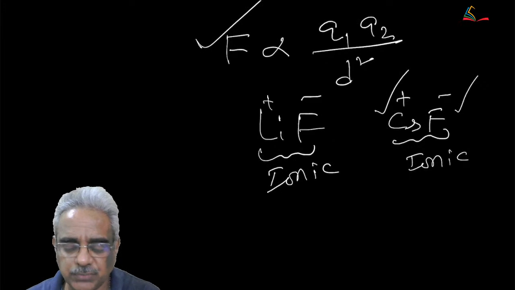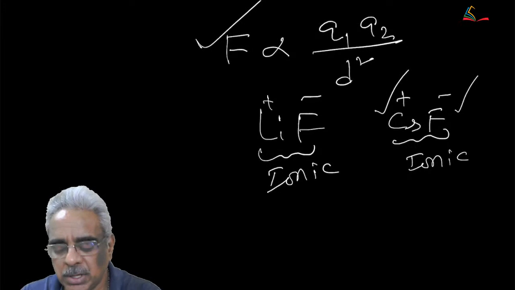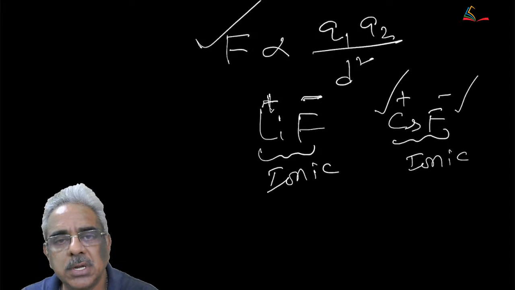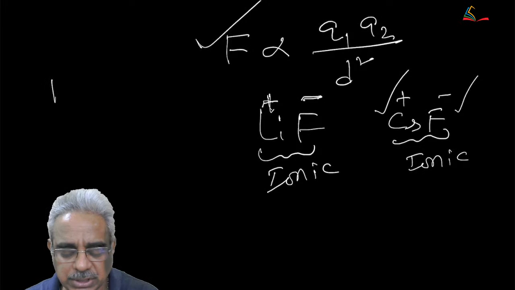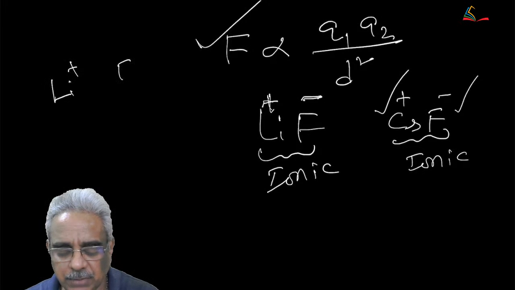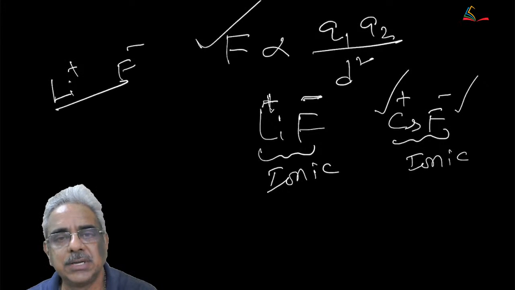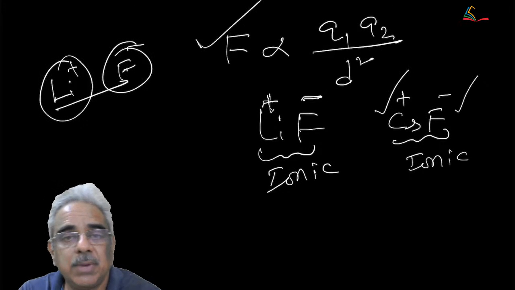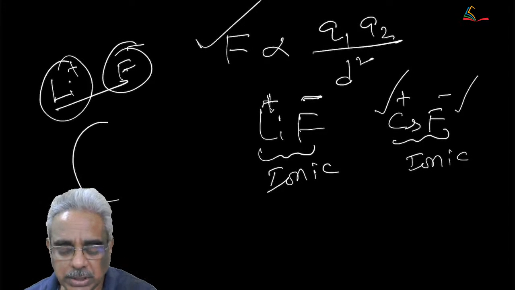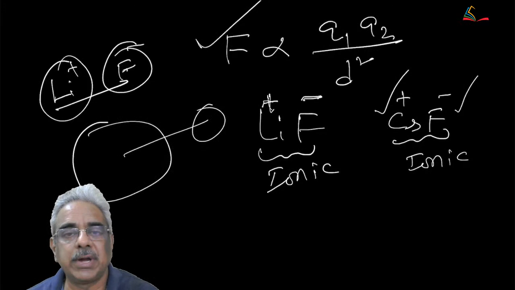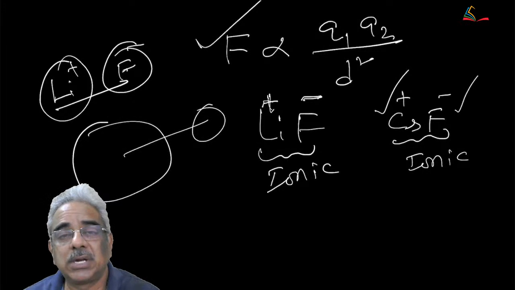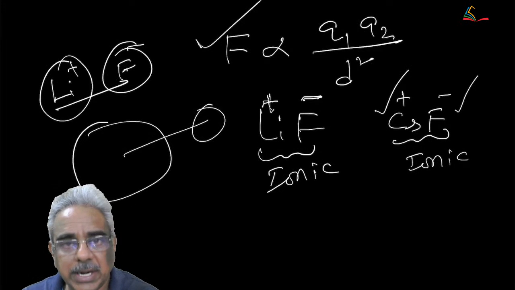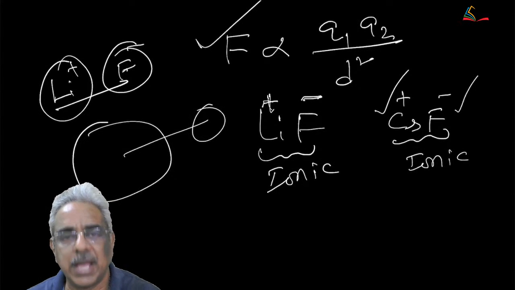But what about this force I am speaking about? Lithium plus is a small cation, fluoride is a small anion. So obviously the distance between lithium plus and fluoride minus will be very less. The less the distance between the two ions, the more the force of attraction. The more the distance between the ions, the less the force of attraction. So when it comes to ionic strength, think of the radius of cation and radius of anion.